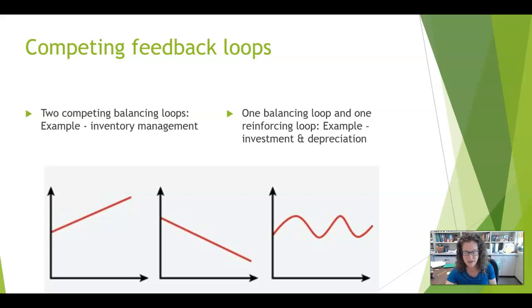Another example is inventory management. Our stock of inventory keeps changing while we're trying to control it, right? Every time we sell an item, we ideally would be able to replace it with new stock so as to keep the stock at a certain level.